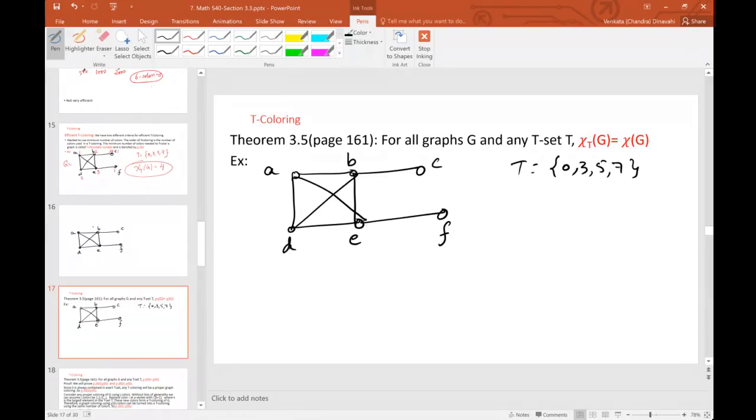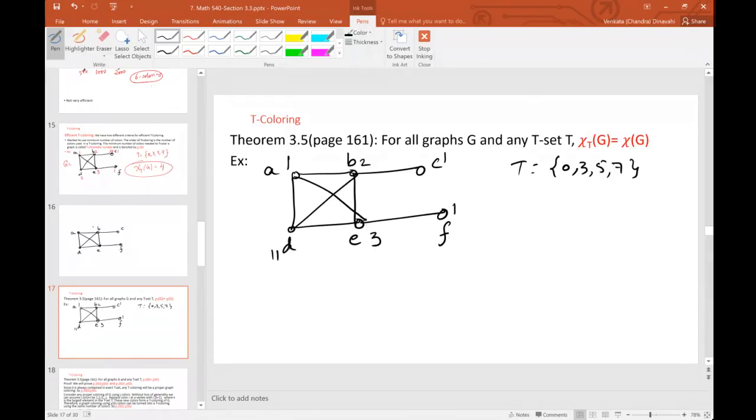If you can give any T coloring, in this case T is going to be 0, 3, 5, 7. If you can give any T coloring to this, for example, in this case I already gave one before. Let us use the same thing. 1, 2, 3, 11, 1 and 1. These are the colors I gave.